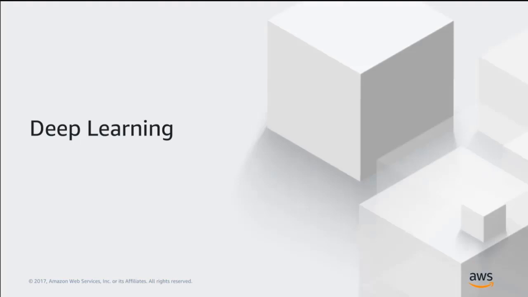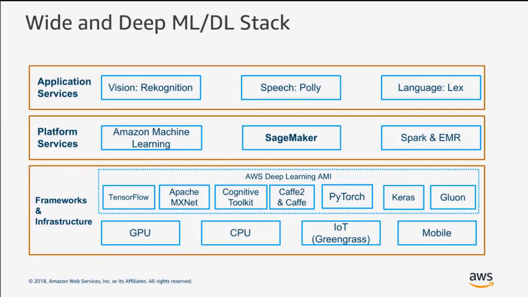Another new area that has emerged recently is deep learning. AWS offers a pretty wide and deep machine learning and deep learning stack. At the bottom listed here are the frameworks and infrastructure that are supported. For quite some time, AWS has wrapped this together into a deep learning machine image called the AWS Deep Learning AMI.